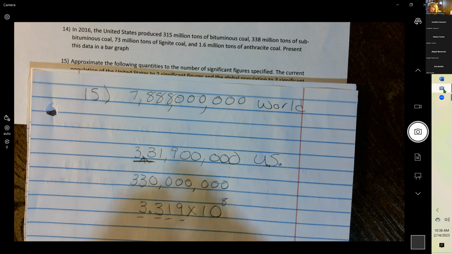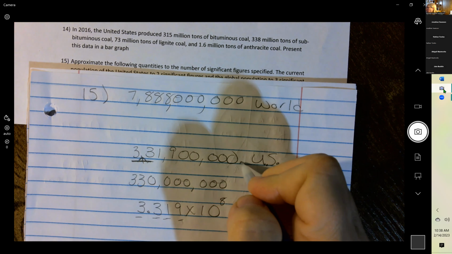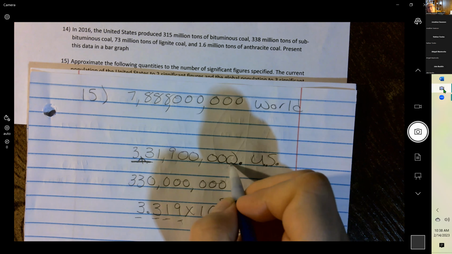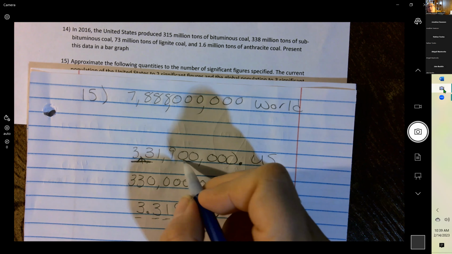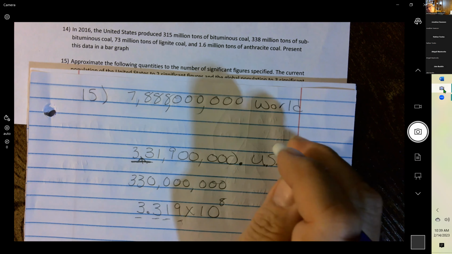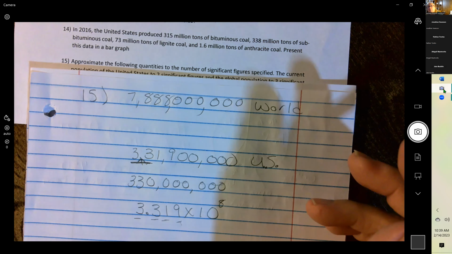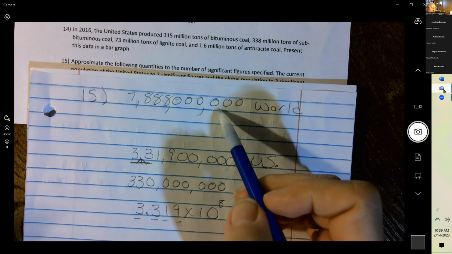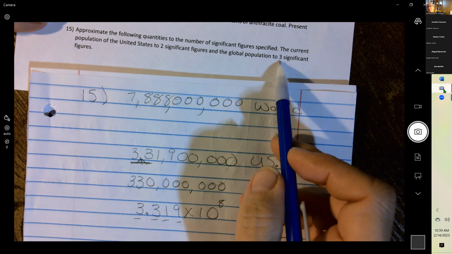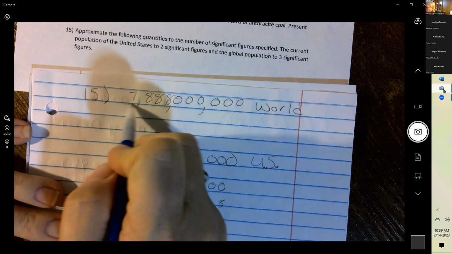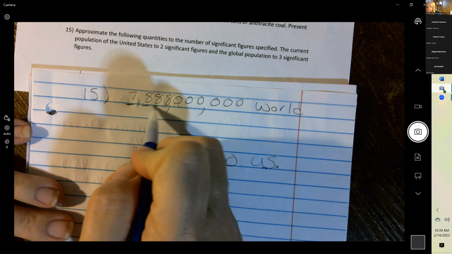The only way it fails you is if there was a decimal here, because remember, if there's a decimal at the end, then these values are significant. They rounded to those zeros. It asks to put this one to 3 significant figures. 1, 2, 3.